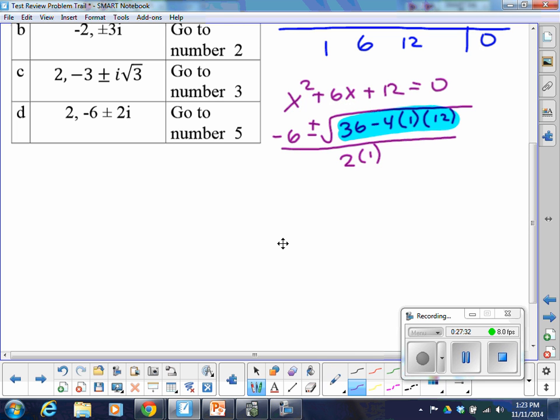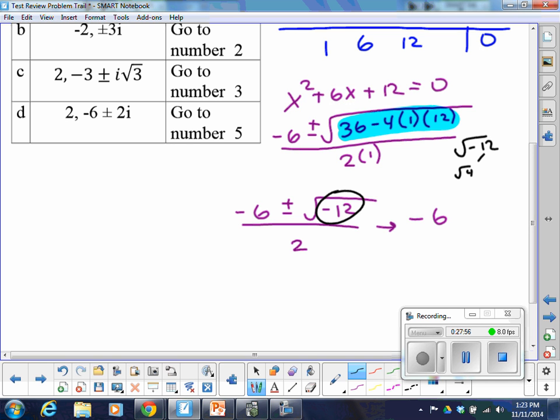That'd be the first thing I would calculate. And let's see, that would be what? 36 minus a 48, so it sounds like a negative 12. Okay, and this is kind of verifying we're going to get imaginary zeros, that discriminant's negative. Okay, so negative 6. If you simplify the negative root 12, right, remember it's root 4 times root 3, and then there's that negative 1 factor in there, so looks like 2i root 3.